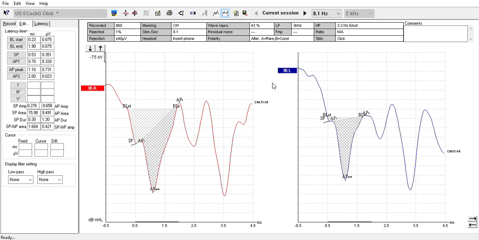The second thing to look at is our SP-AP area ratio, which we also see over here off to the left. Usually I've seen several different numbers for this, but normal is going to be 1.8-ish or less. And so this one's really good here. If I swap over to the left side, we're also seeing that it's pretty low. And this has to do with the shaded in region.